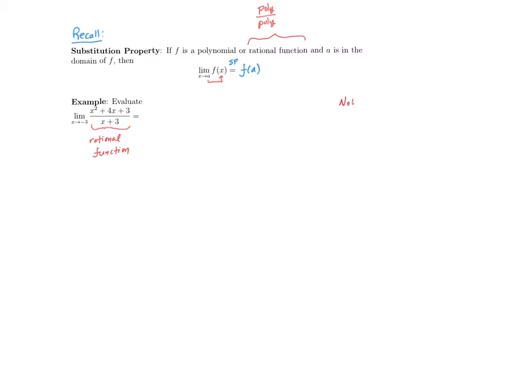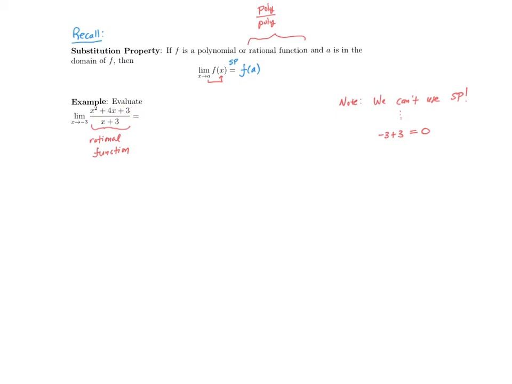So let me just note to the side here, we cannot use the substitution property. The reason being is minus 3 plus 3 equals 0. And we do not ever want to divide by 0, i.e. minus 3 is not in the domain of that rational function.